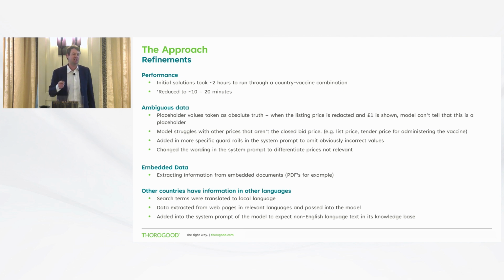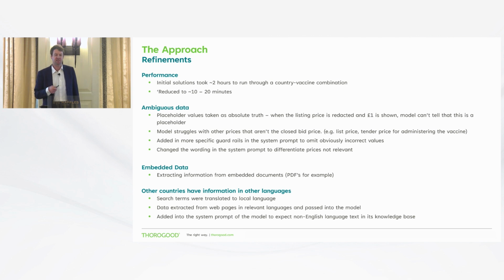Then we extracted the data from web pages in those local languages as well, and added some information into the system prompt to tell it to expect non-English language text in its knowledge base, meaning that this could ultimately be a truly global solution.